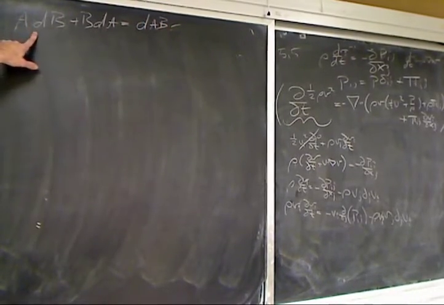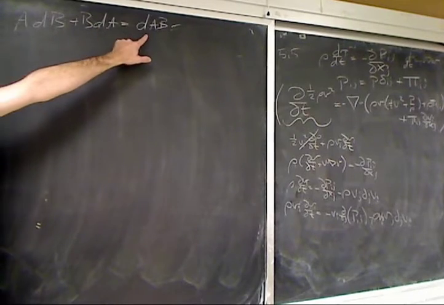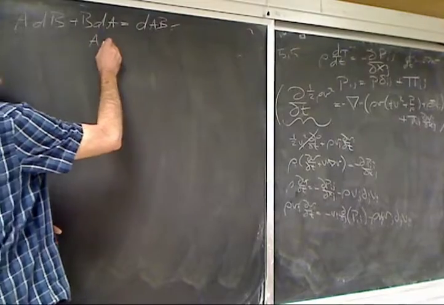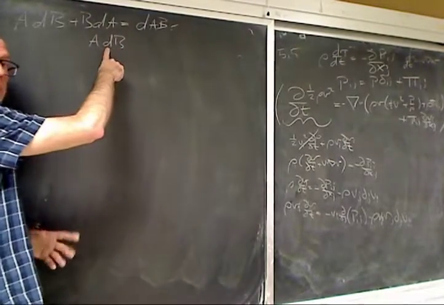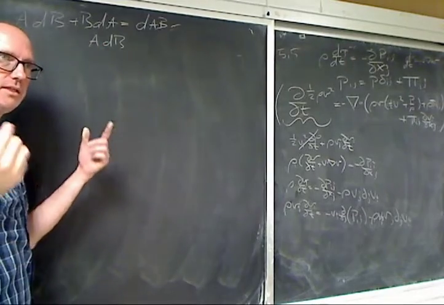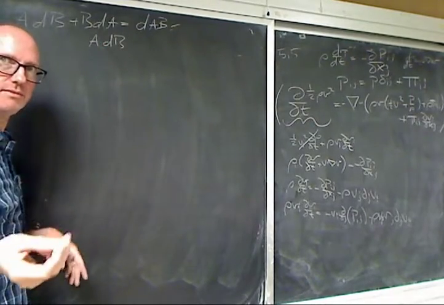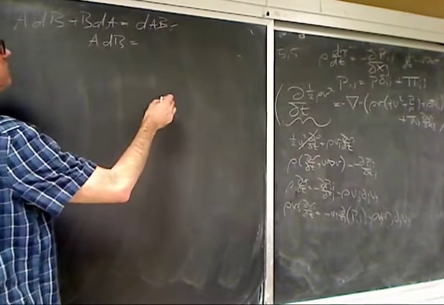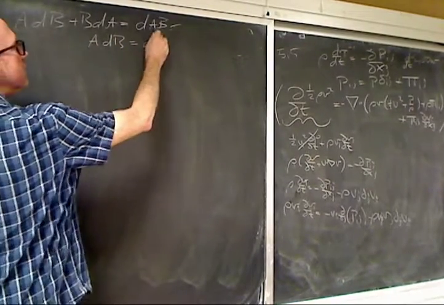A dB plus B dA is d of AB, where little d is whatever differential operator I feel like sticking in there. It could be nabla, it could be the time derivative, it could be one space derivative, it could be all kinds of things. As long as A and B aren't tensors or something weird.